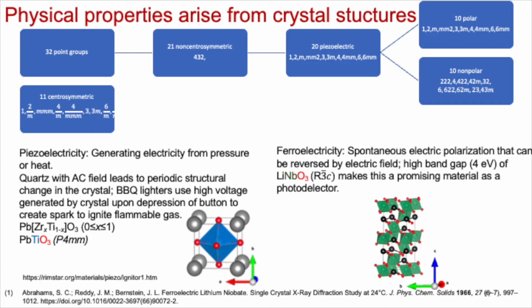So if you start off with the 32 point groups, then you can look at the symmetries and say, okay, how many of them are non-centrosymmetric? That means they don't have the inversion. Why does that matter so much? Well, let's say I have the example here of piezoelectricity, right?